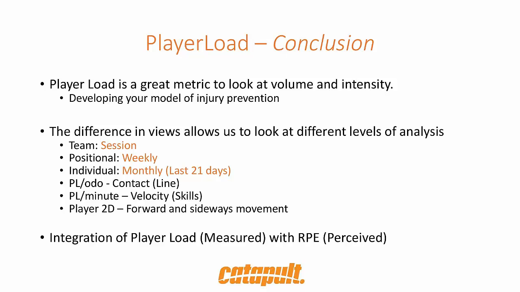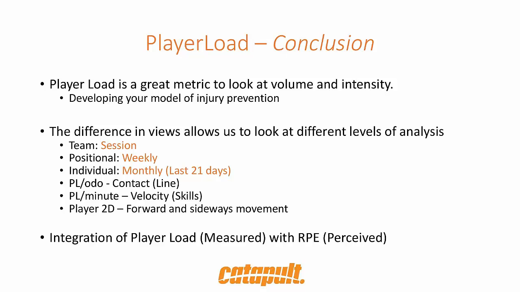Asking those questions and talking about the three different metrics here in terms of player load versus yardage: odometer is contact driven. Player load per minute is velocity driven, and who do we use that with? We use the player load for distance mostly for our line guys, and the player load per minute for our skill guys.